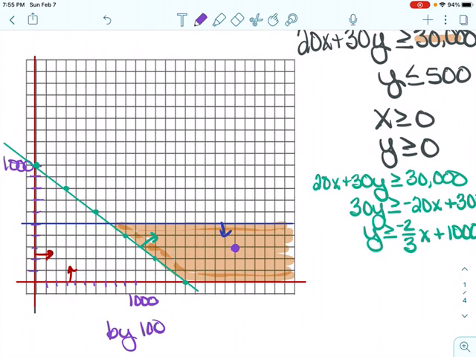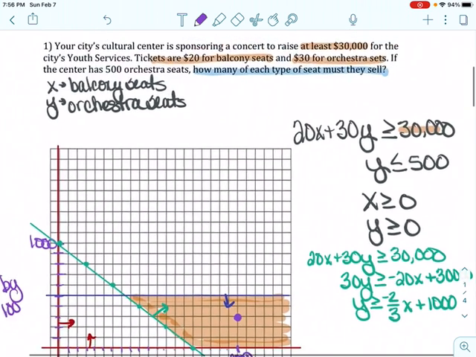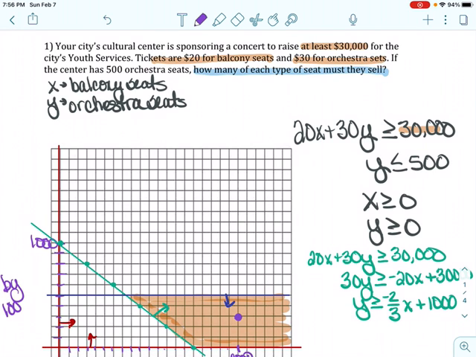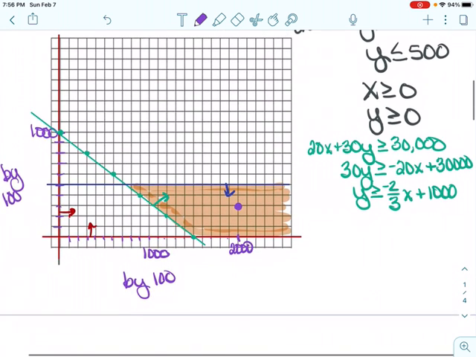All right, which means I can pick any point in here and I will make more than $30,000 when I sell that many tickets. So if I wanted 1,000, 1, 2, 3, 4, 5, 1,500, that's 2,000 right there. Because I didn't put any restrictions on my x, I do not know how many balcony seats I have.